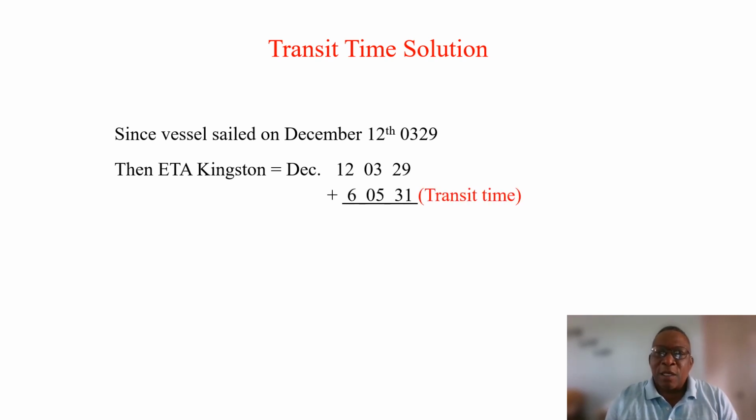So we add 12 in terms of days, 03 in hours, 29 in minutes, to 6 days, 5 hours and 31 minutes, which was the transit time that we got. That gives us 18 days, 9 hours. Therefore, A is answered: December the 18th at 0900, the vessel would reach Kingston. That is the answer for A.